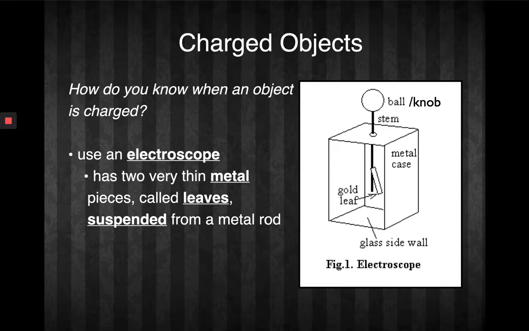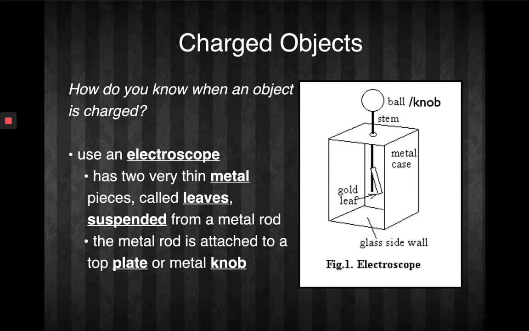So you can see on the image on the right, at the top there we have the ball or the knob, and then we have a stem with our gold leaves. There are two leaves that hang from that stem, and then it's all encased in a metal case with a glass side wall so you can see what's happening on the inside. So the metal rod is attached to that plate or metal knob at the top.